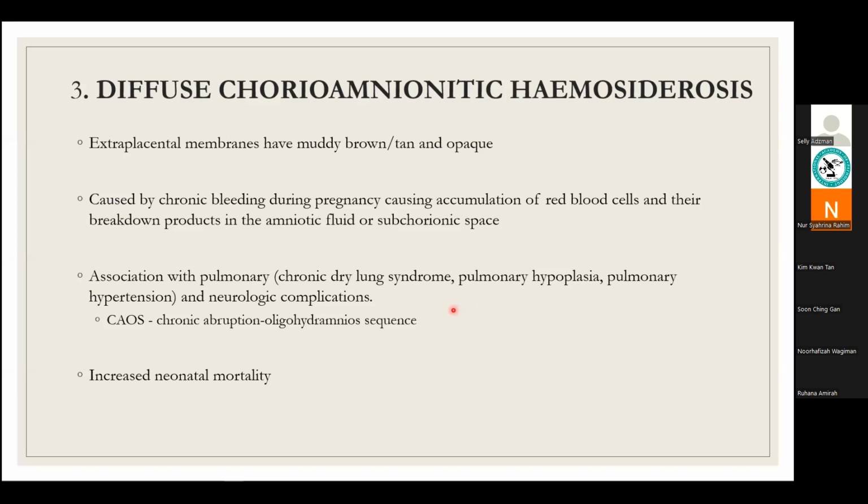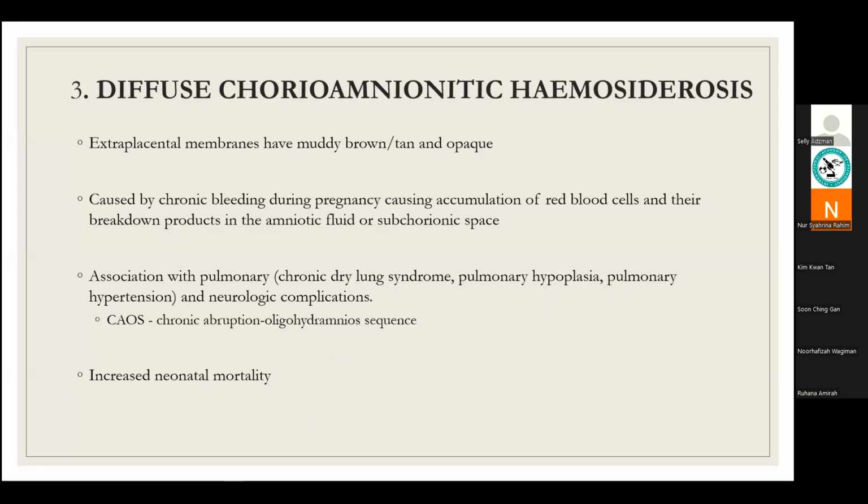So basically, because of the oligohydramnios, the baby will have this chronic lung syndrome and also pulmonary hypoplasia and pulmonary hypertension. So usually it depends on how severe the pulmonary hypoplasia is. If the baby is delivered, the baby usually succumbs.